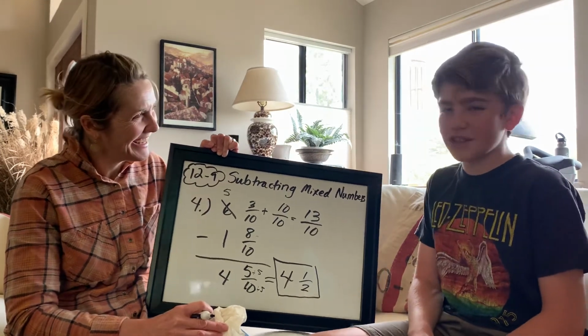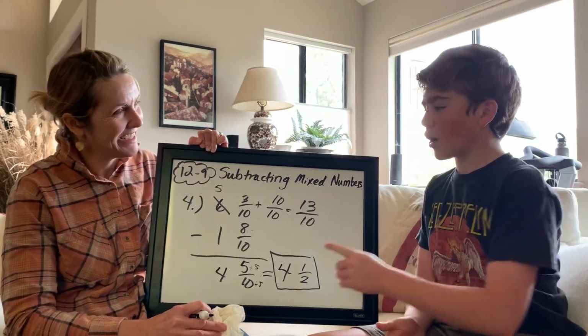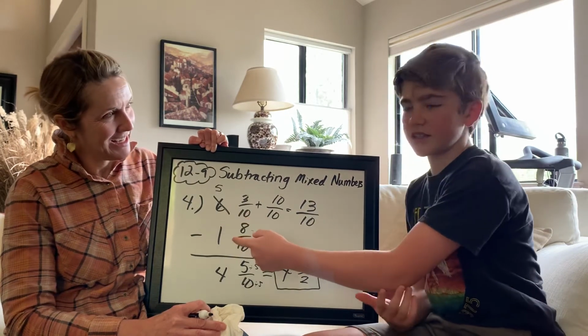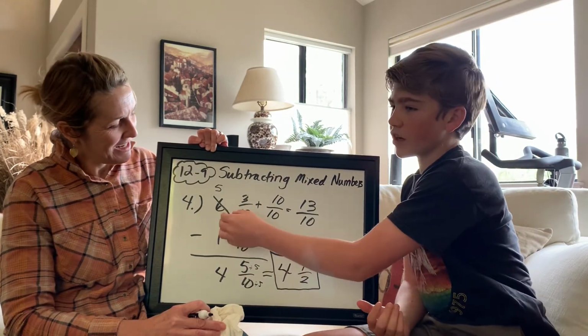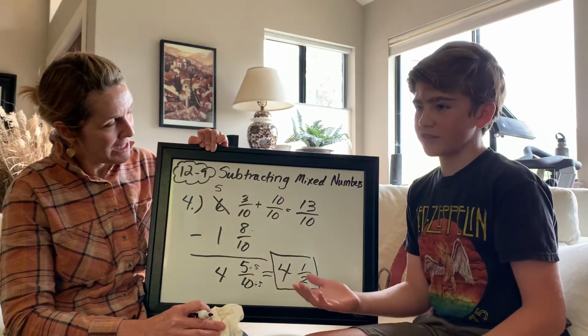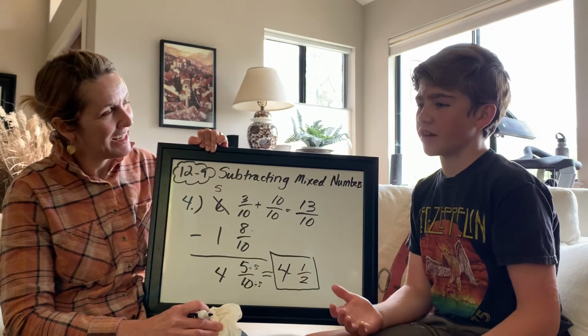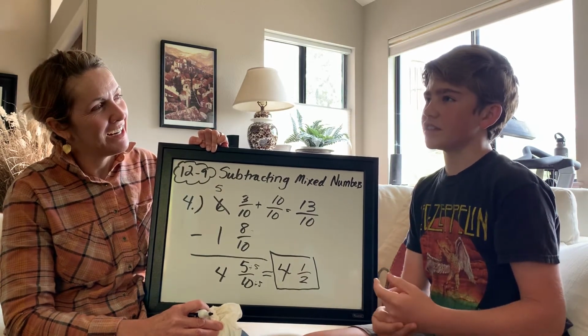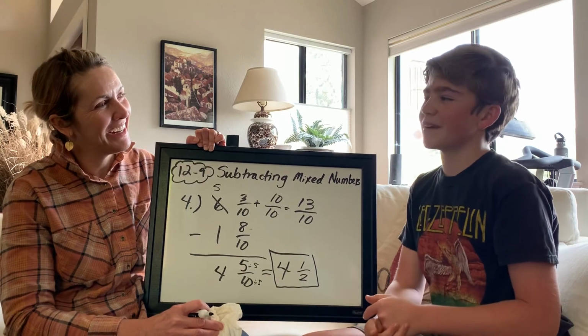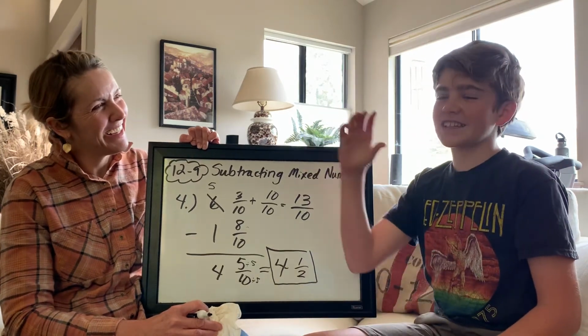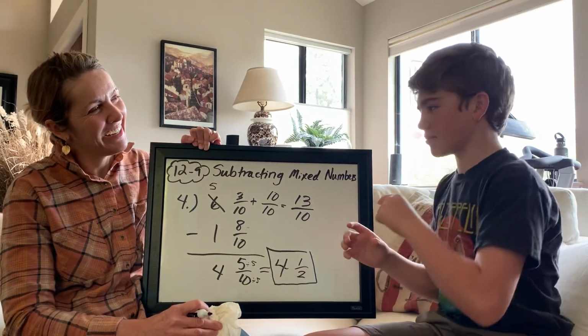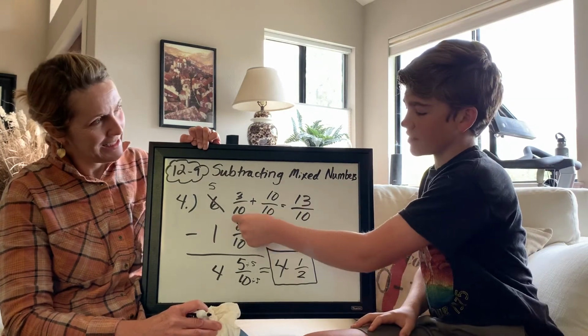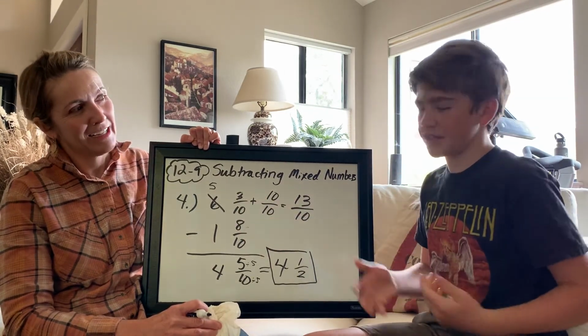Basically, when you're doing regular subtraction without fractions, you're borrowing from the next place. Let's say 13 minus 9. 3 is less than 9, so you have to borrow from the tens place. Well, this is just the same thing, because the fractions are just another place down.